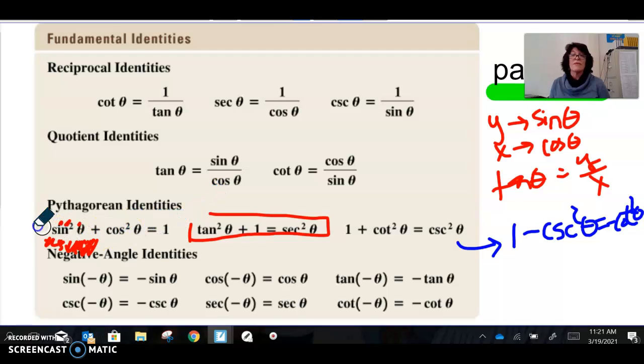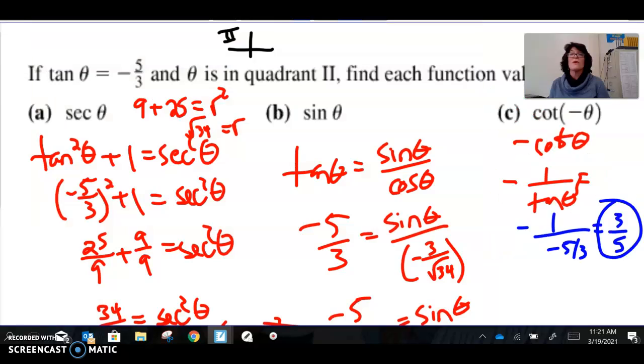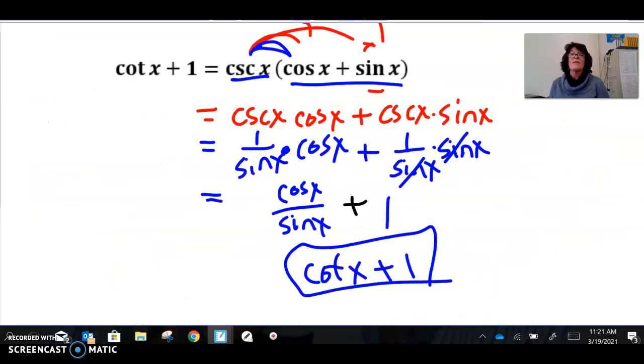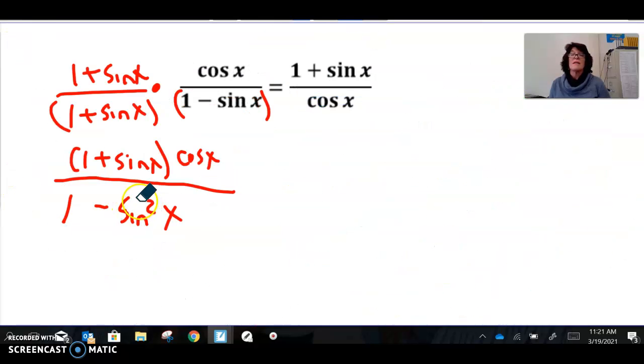Okay, that's another way if I manipulate this equation. Saying that sine squared plus cosine squared equals 1, that means that 1 minus sine squared equals cosine squared. So I might use that little fact. 1 minus sine squared, we just saw, was cosine squared.